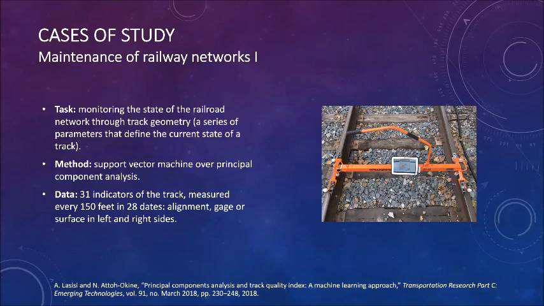Conventional methods use input variables called track quality indices, which were obtained by combining different expressions applied over the measures taken from the railway. This is the difference between this approach and the classical approach.